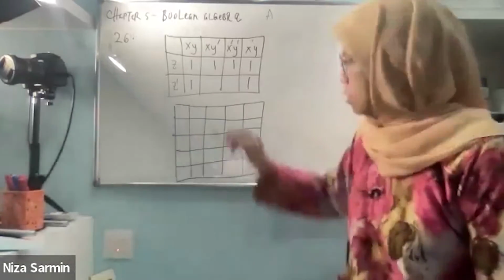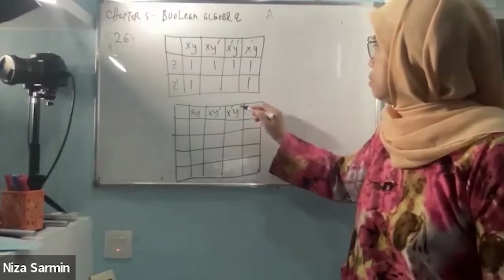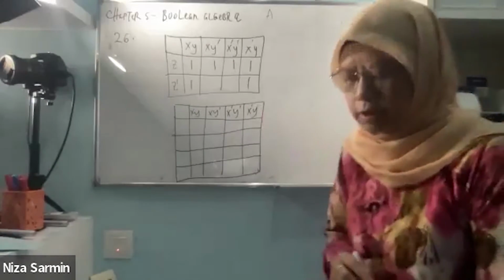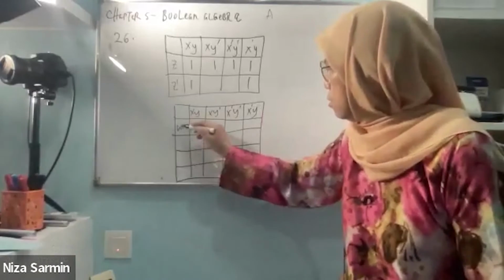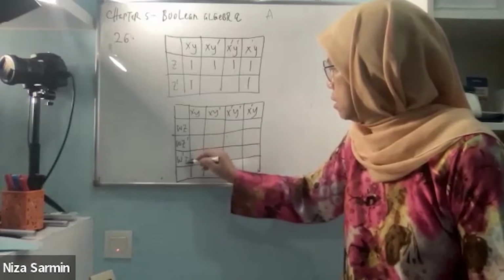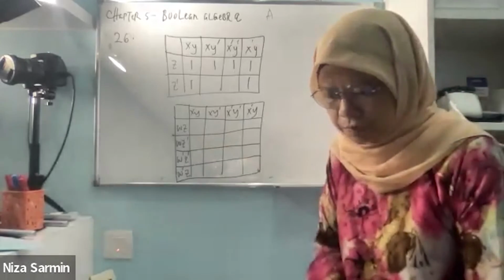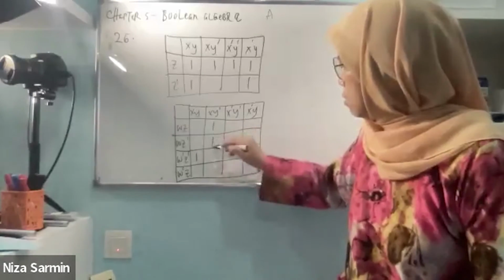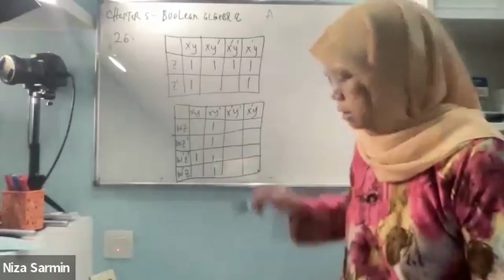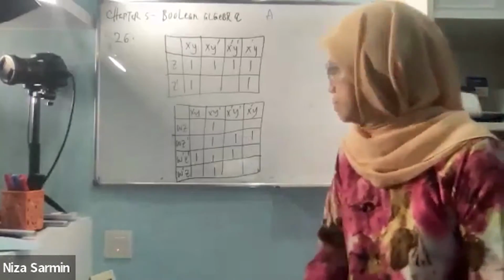So again, XY prime, X prime, Y prime, X prime, Y, and WZ prime, W prime Z prime, W prime Z. One here, 1, 1, 1, 1, 1, 1, 1.